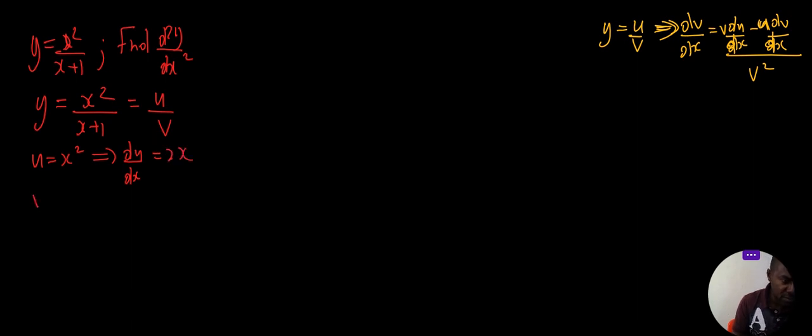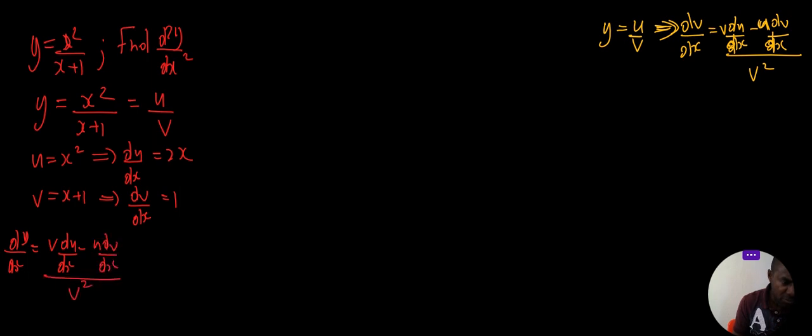Secondly, we let v be equal to x plus 1, which means that dv by dx is equal to 1. And by the quotient rule, dy by dx is equal to v du by dx minus u dv by dx all over v squared.